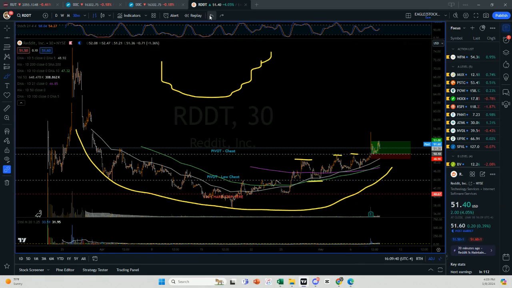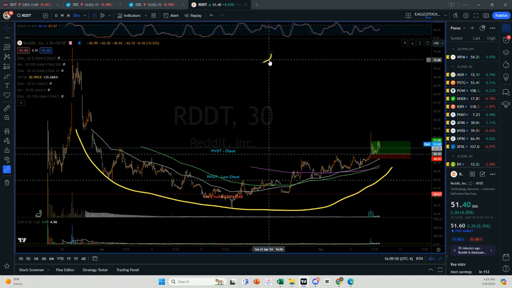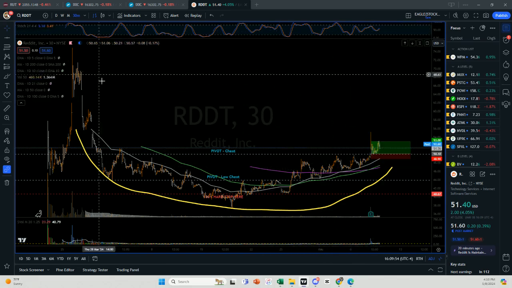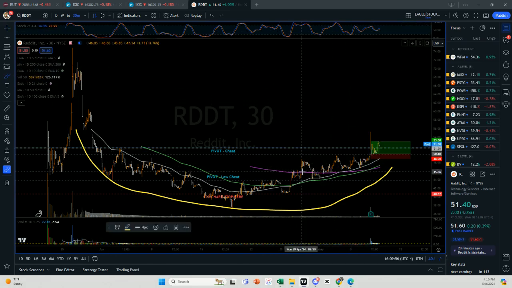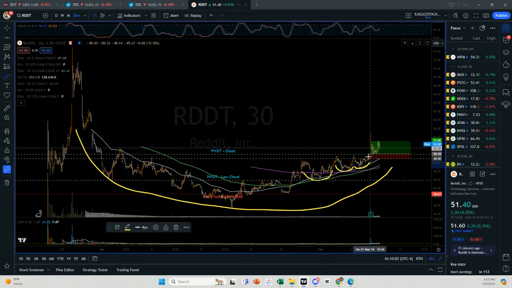Something else that was fairly good on this particular chart, and I'm just going to delete this up here because it's bothering me. Something else that you might have noticed on the right side of this chart is that you have a little bit of VCP action in here coming into earnings.